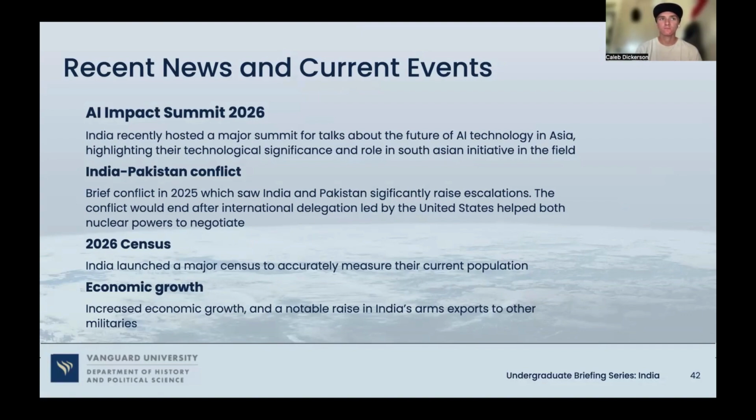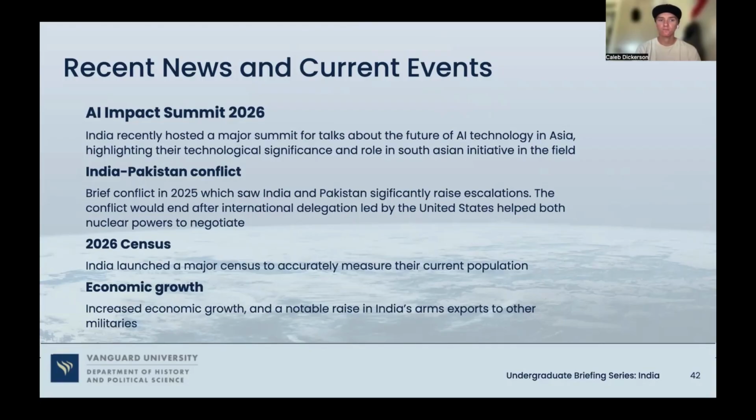This is a big way of highlighting India's technological significance, speaking about their role in the Southeast Asian area and how they could use AI for the future, which shows that India wants to be an emerging leader of new technology, especially for their aforementioned region in Southeast Asia.